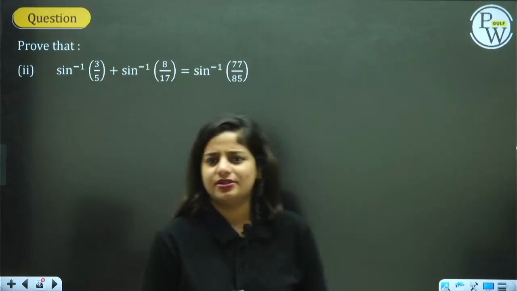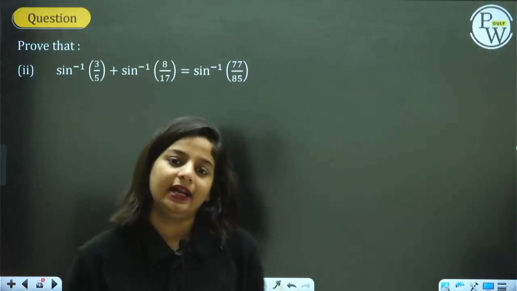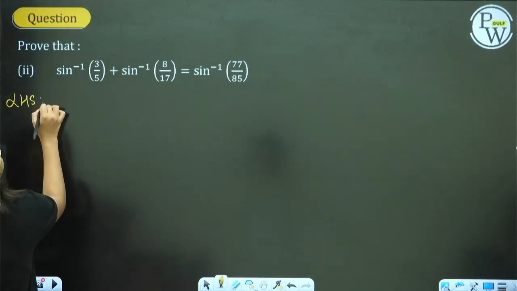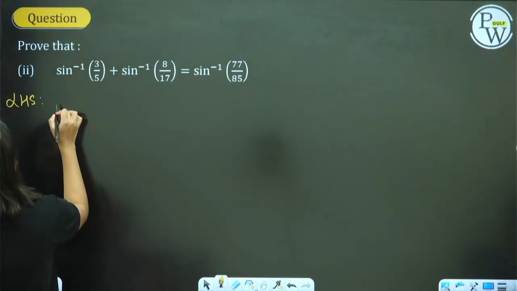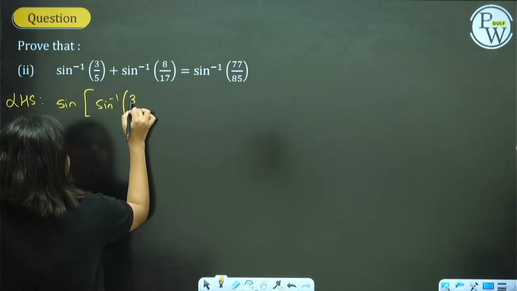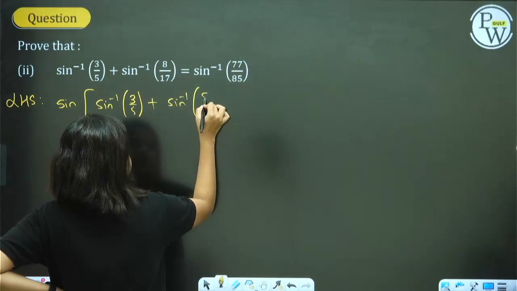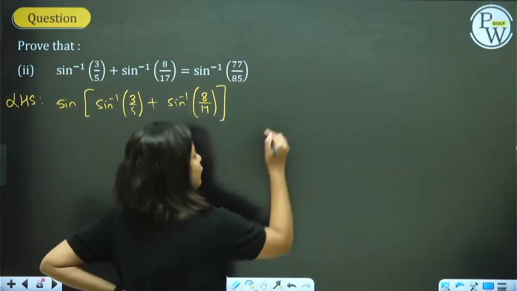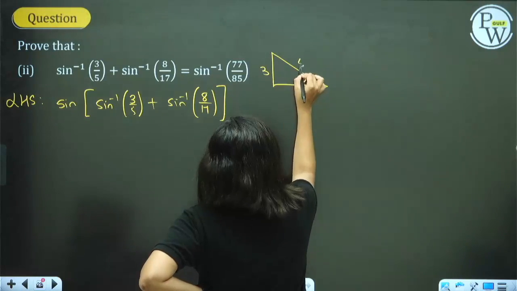Similarly, next question, something is to be proven equal to sin inverse of 77 by 85. Once again, LHS. Now, do you want to take sin or cos? Let's take sin this time. We are including sin on our own this time. Everyone fine with it? Once again, the values are 3, 5, 8, 17. The triangles are known to us. 3, 5, this will be 4.